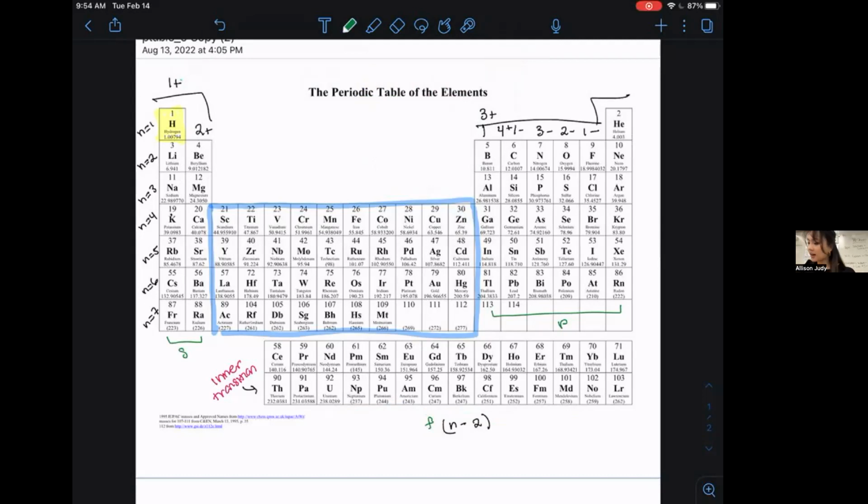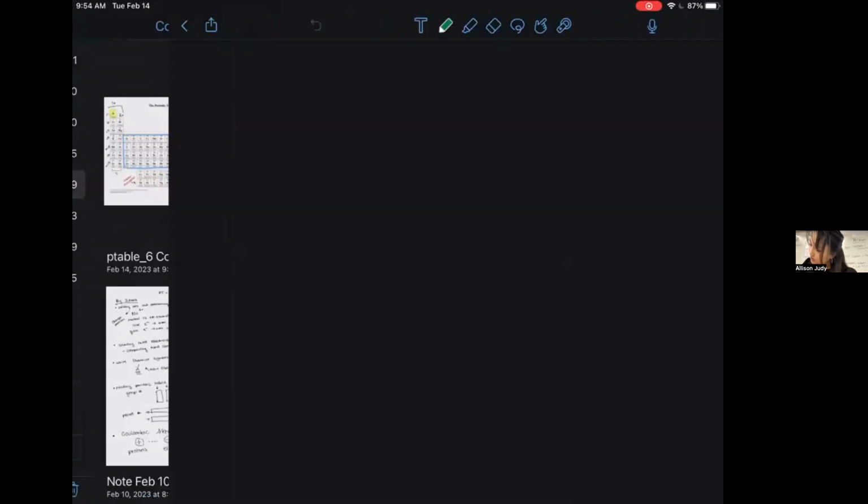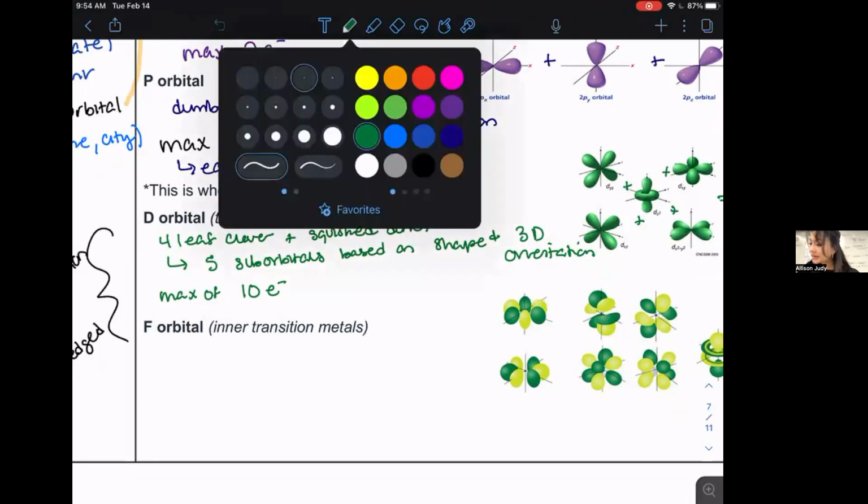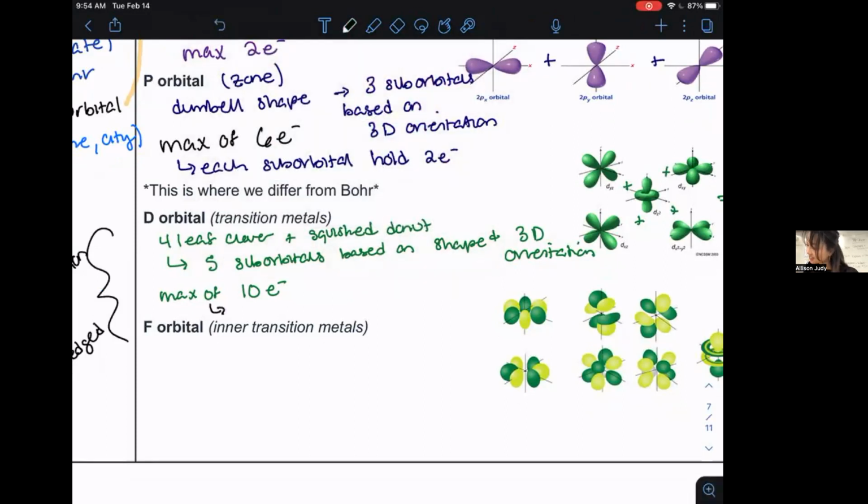You're seeing the pattern. Excellent. So the D block has a max of 10, 5 suborbitals. How many does each suborbital hold? 2. Okay, oops, I should say suborbital.